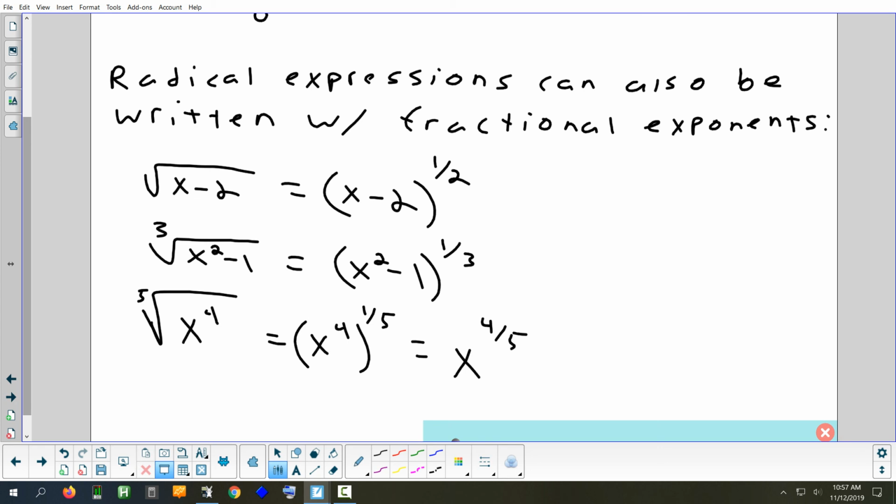So by changing the 5th root to a 1/5 exponent, you actually can use a rule from Algebra 1 and write this expression a little bit more simply. It's a lot easier, I think, to plug in x to the 4/5 on the calculator than the 5th root of x to the 4th.